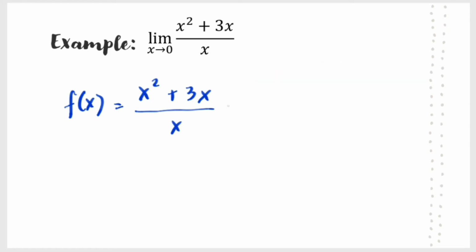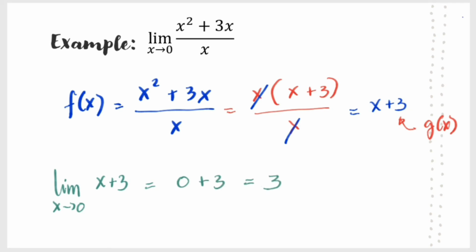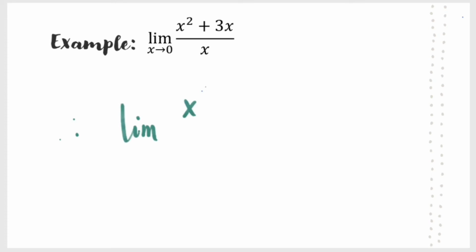Let out x, so we have x times x plus 3 all over x. Cancel x if x is not 0, then our g of x is equal to x plus 3. Finding the limit of g of x as x approaches 0, we can apply direct substitution, and we have 3. Therefore, the limit of x squared plus 3x all over x as x approaches 0 is equal to 3.